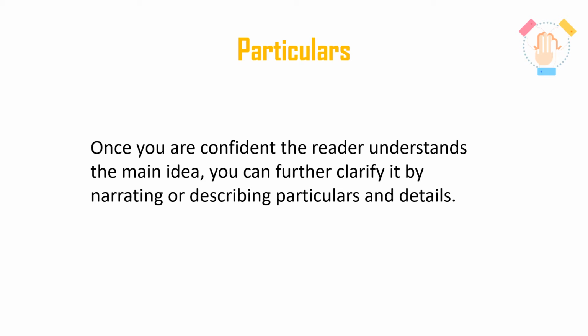A fourth way of clarifying your topic sentence is by giving particulars. Once you are confident that your reader understands the main idea, you can further clarify it by narrating or describing particulars and details related to the main idea.